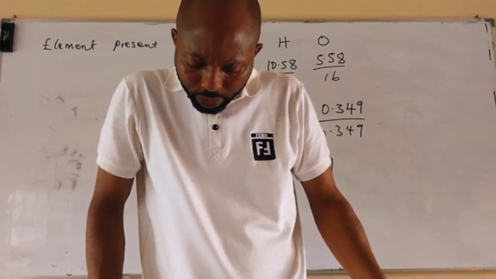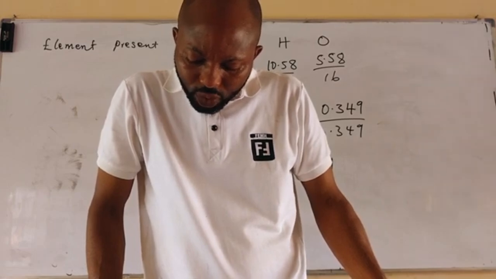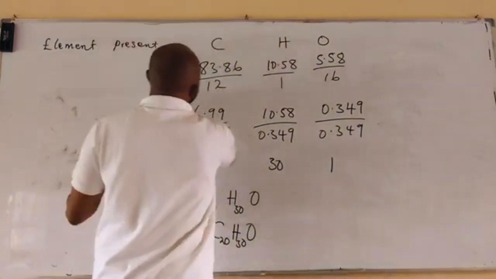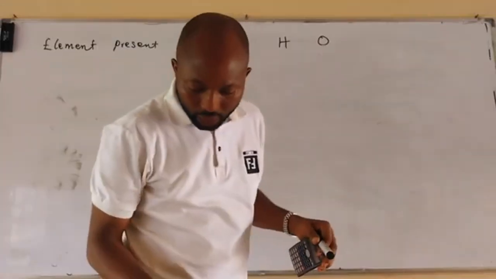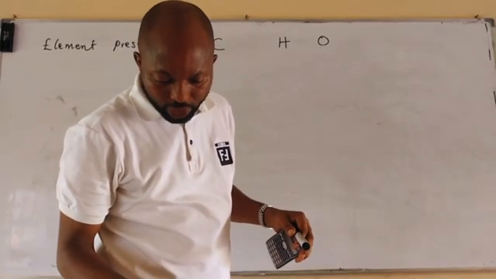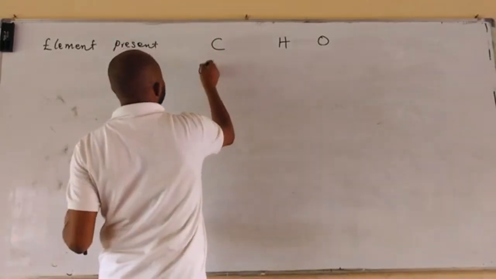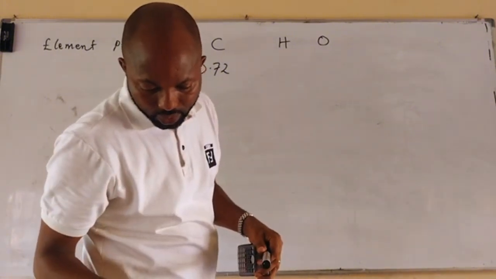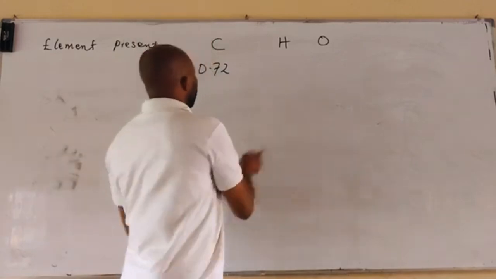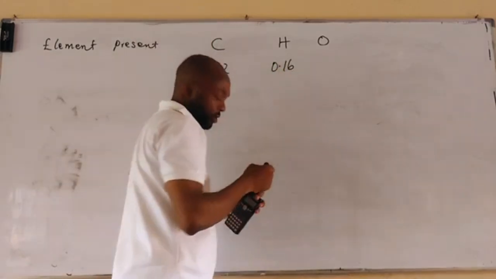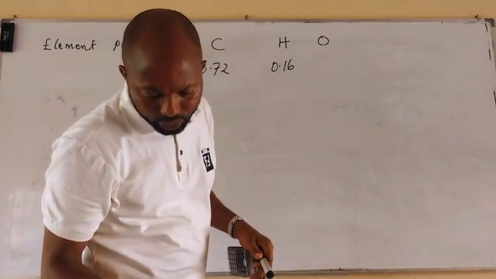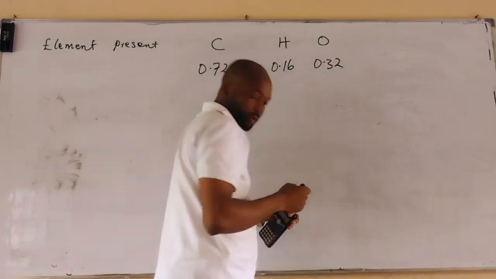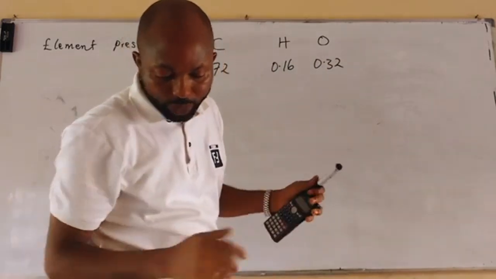It's made up of 0.72 grams of carbon, 0.16 grams of hydrogen, and 0.32 grams of oxygen. Calculate the empirical formula of the compound.